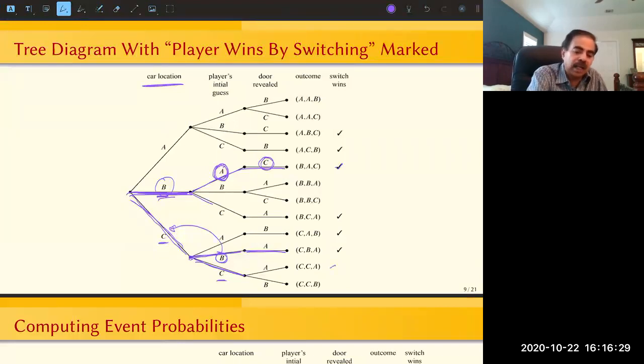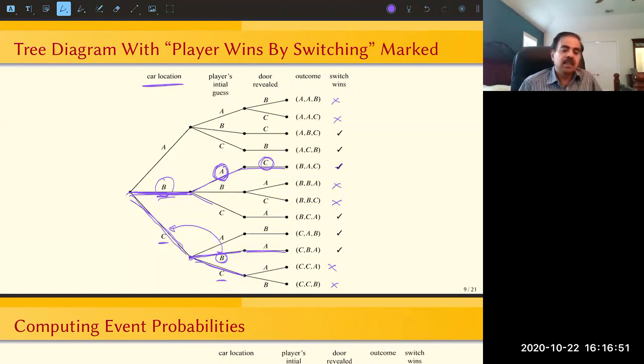So these are not winning. The switch strategy wins everywhere where there is a tick mark, and the strategy loses everywhere where there is a cross mark.